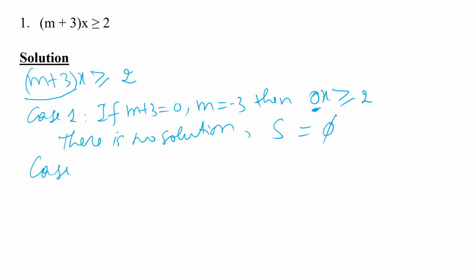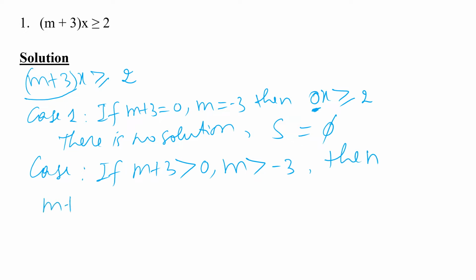Case number 2. Now, if m plus 3 is greater than 0, so we have m which is greater than negative 3, then m plus 3 times x which is greater than or equal to 2 is equivalent. Now this coefficient of x, m plus 3, is positive.